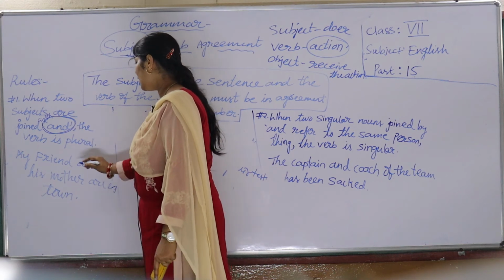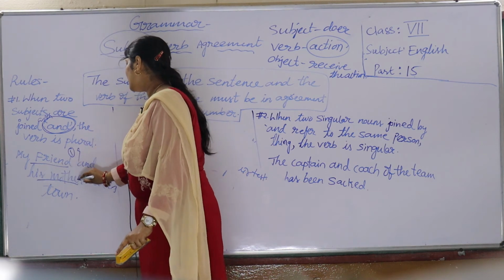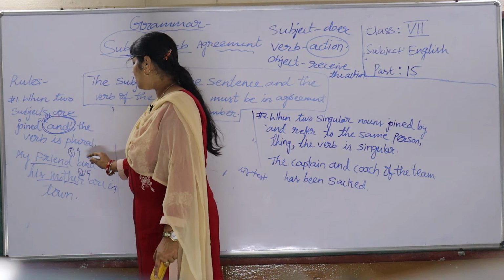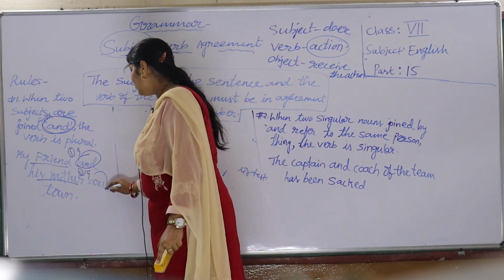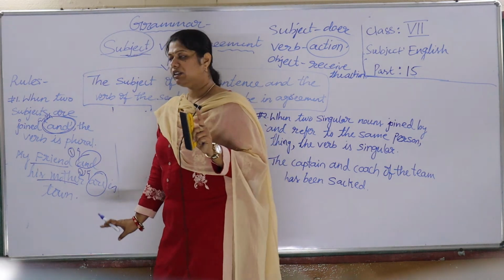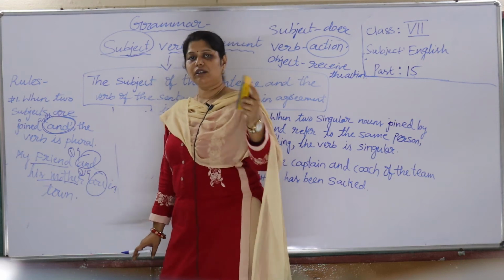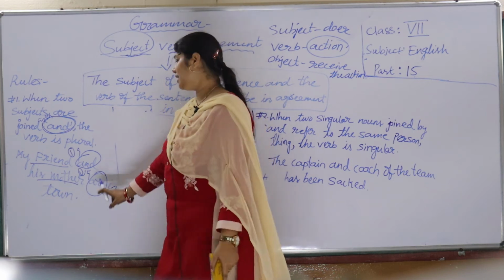That means here my friend is one subject and his mother is the second subject. Okay. So when you are joining two subjects with and, then the verb agrees in the plural. So in these rules we are going to see where the singular subject will take a plural verb, and how they agree with each other.